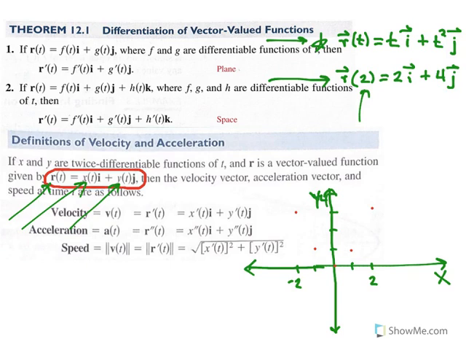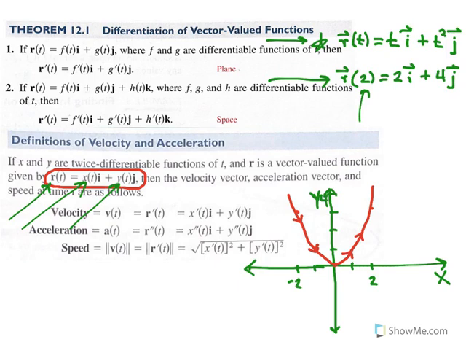So at time t equal to -2, the position of the object is (-2, 4). At time t equal to -1, the position is (-1, 1). At time t equal to 0, the position is (0, 0). So this is how the object is moving in the xy plane, and this would be the direction of motion.